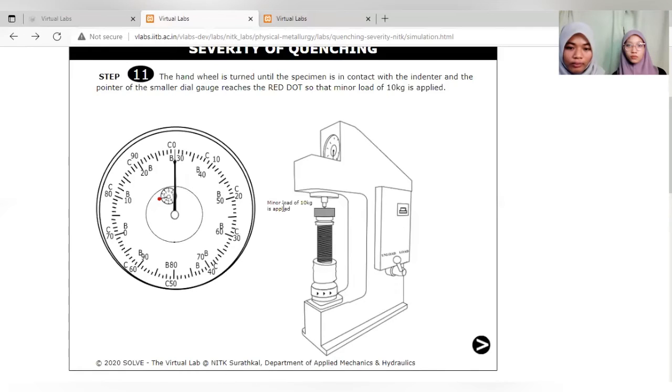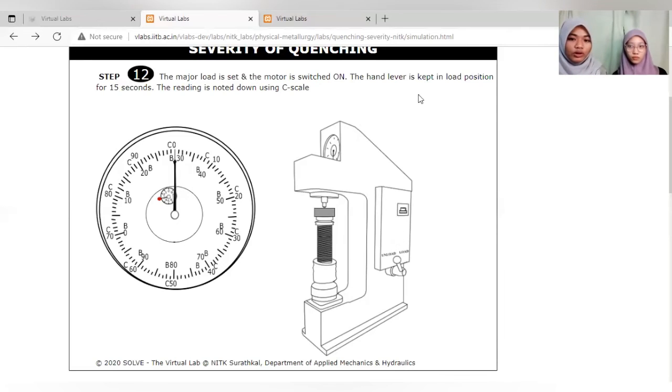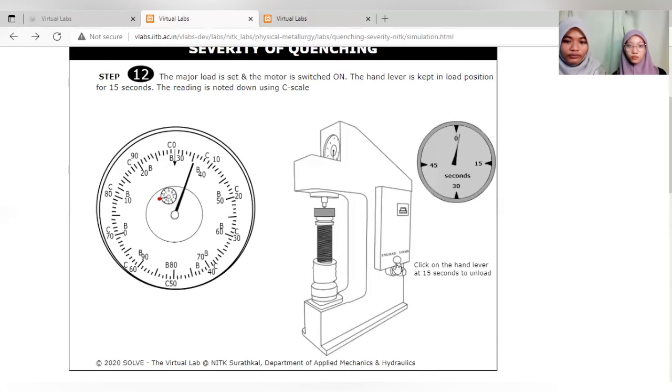So, minor load of 10 kg is applied, and the major load is set. For step 12, the major load is set and the motor is switched on. The hand lever is kept in load position for 15 seconds. The reading is noted down using a scale, and this is the hand lever. Click on the hand lever at 15 seconds to unload.